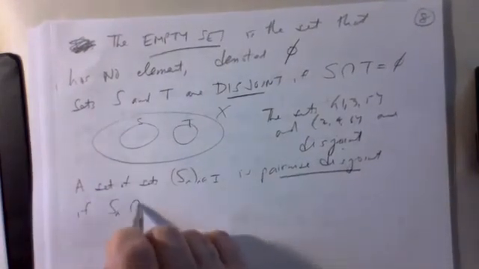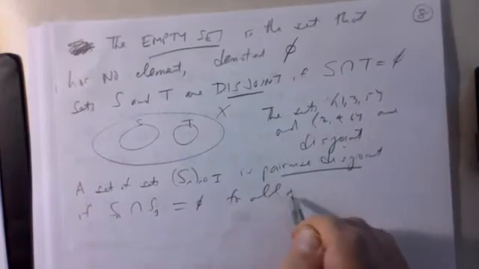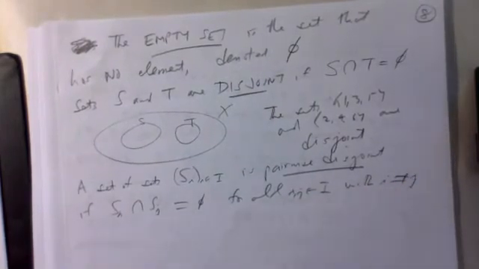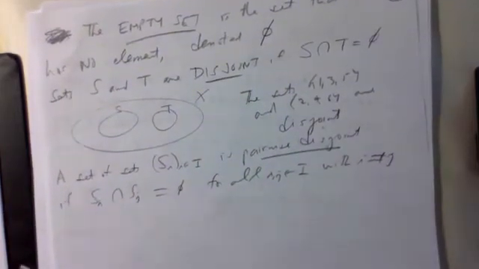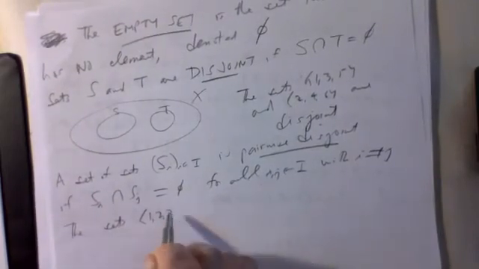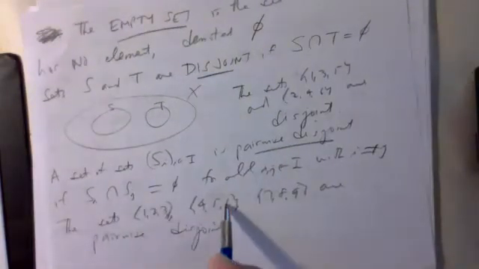If S_i intersect S_j is empty for all i and j with i different from j. So the sets 1, 2, 3, 4, 5, 6, 7, 8, 9 are pairwise disjoint. Of course, no two of them have any element in common.